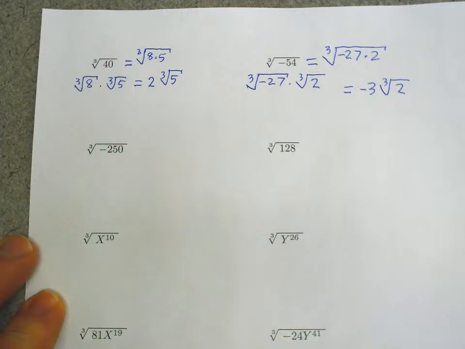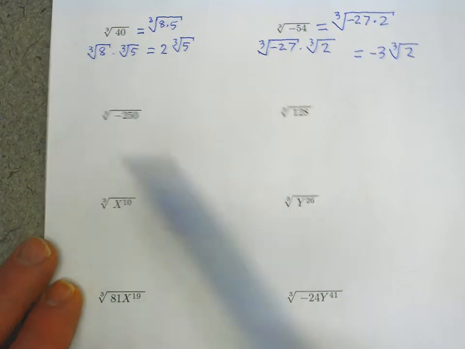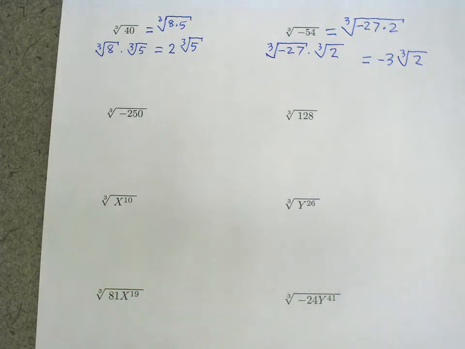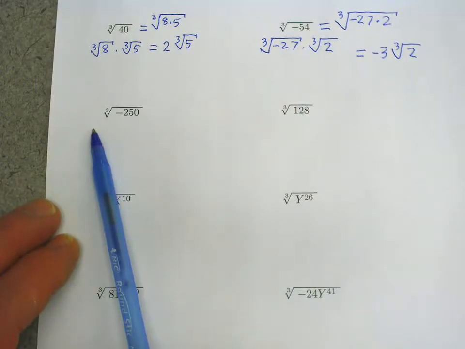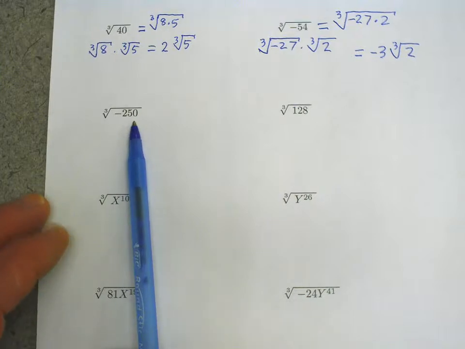In the next example, simplify the cube root of negative 250. Okay, well, the largest perfect cube factor of negative 250 is negative 125.